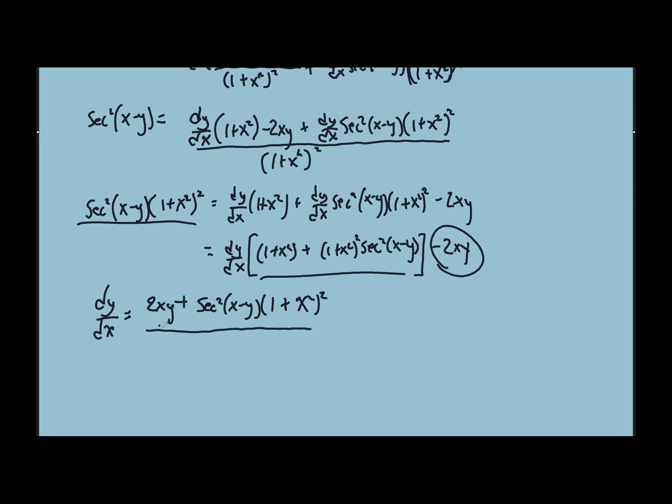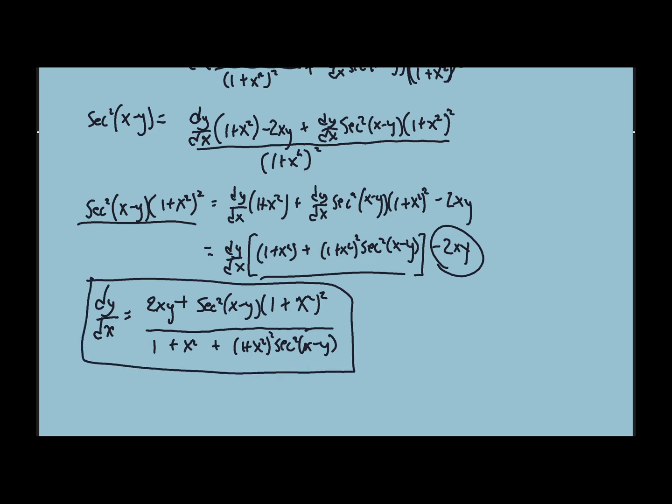All of this should be divided by that, which is 1 plus x squared. I'll take the parenthesis out. 1 plus x squared plus (1 plus x squared) squared secant squared (x minus y).